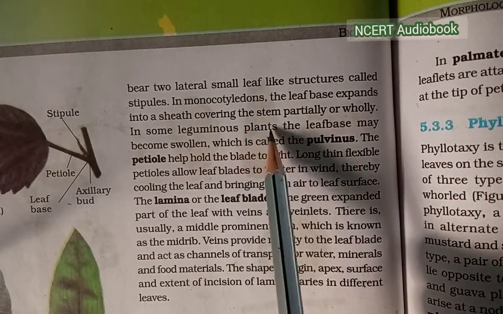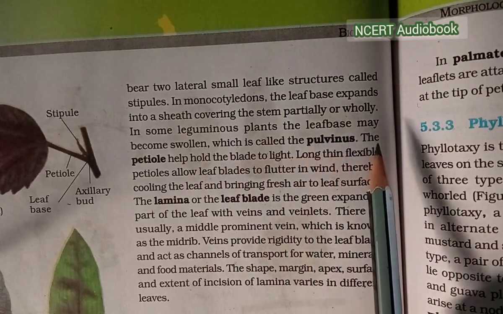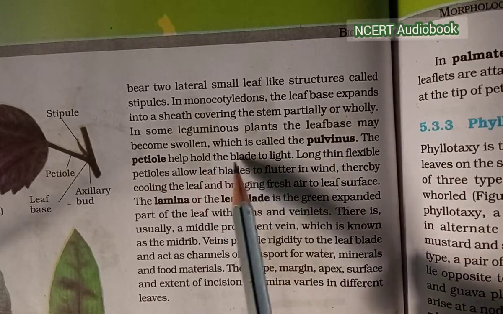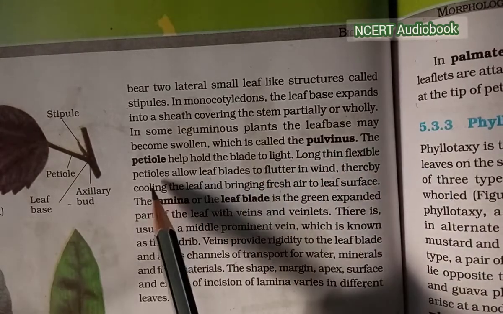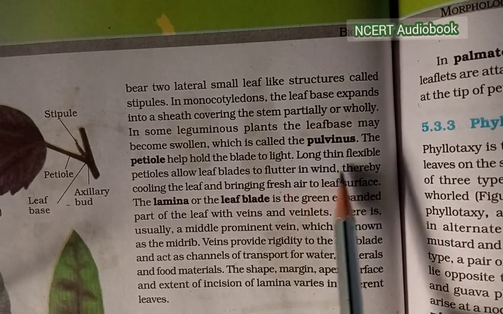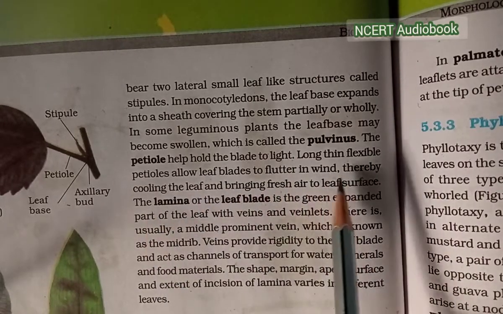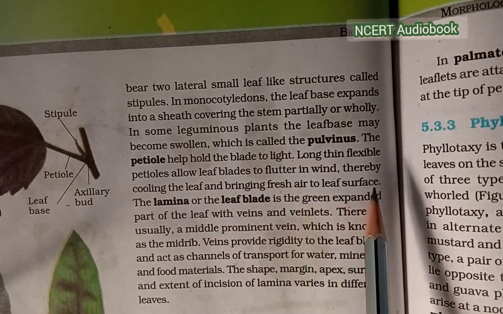In some leguminous plants, the leaf base may become swollen, which is called the pulvinus. The petiole helps hold the blade to light. Long, thin, flexible petioles allow the leaf blades to flutter in wind, thereby cooling the leaf and bringing fresh air to the leaf surface.